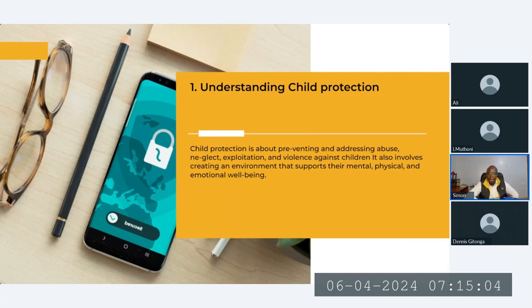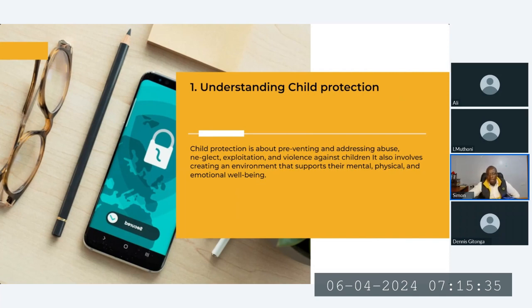And whenever we are making our life decisions, even in any other arena of life, the first thing that we do is to make sure that the child's interest comes first all the time. So even as we dive into this training, I want you to have at the back of your mind that the interest of the child comes first in any decisions that we make about them.